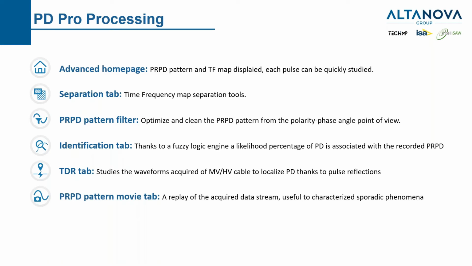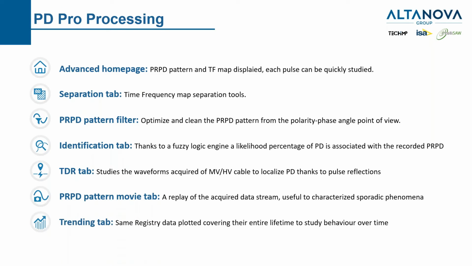And we also have a PRPD pattern movie tab, where we have the chance to replay the acquisition at a slower velocity in order to understand the nature of some phenomena that can be sporadic or intermittent. And we also have the trending tab, where the PDPro will plot all the acquisitions related to the registry on the basis of the amplitude or repetition rate. Let's take a look at them one by one.